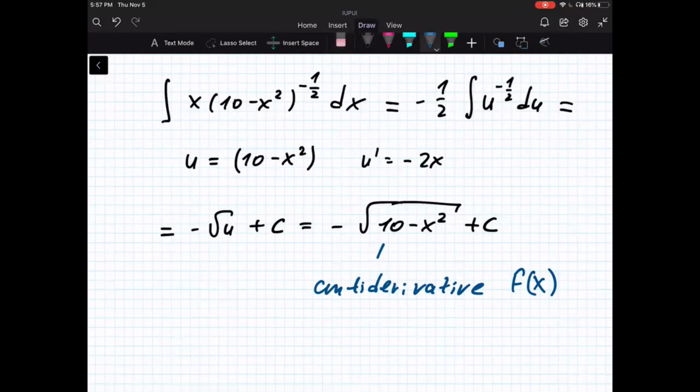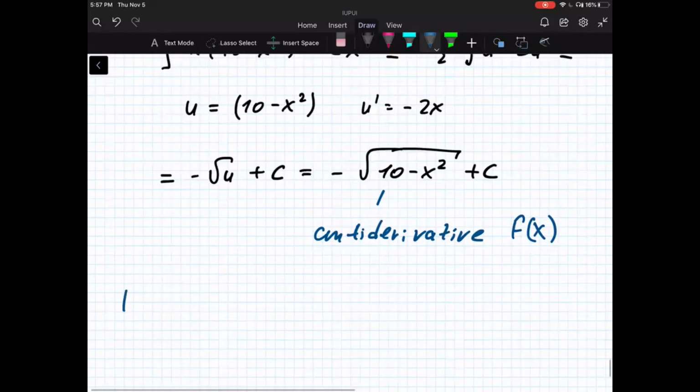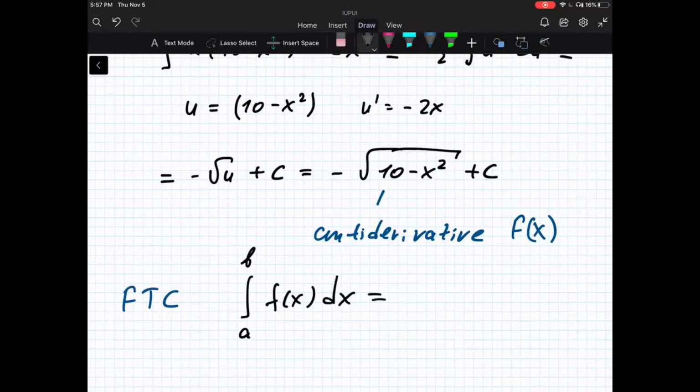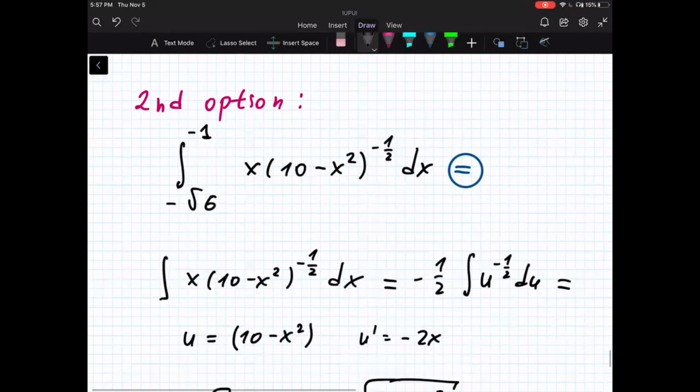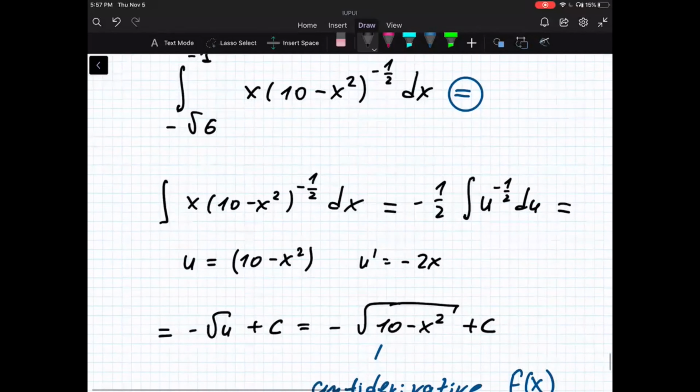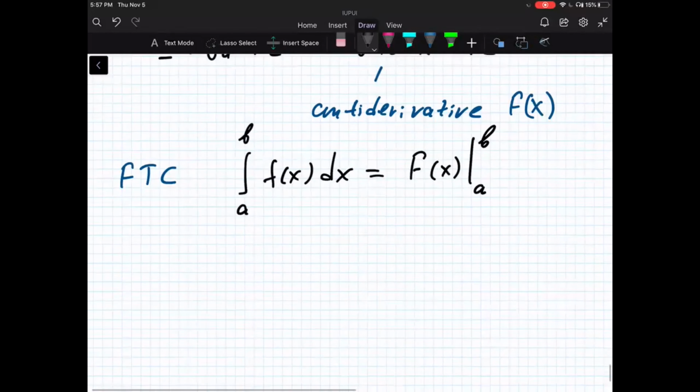But now I can use the fundamental theorem of calculus that says that integral from a to b f of x dx is equal to antiderivative substitution from a to b. So I found my antiderivative for the initial integral, and now I will use this fundamental theorem of calculus.